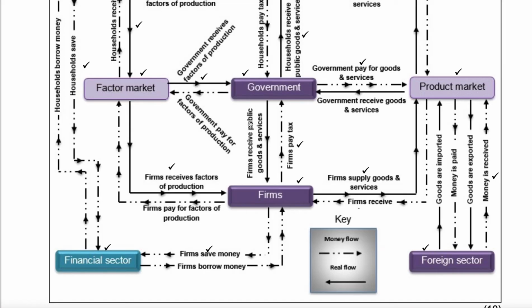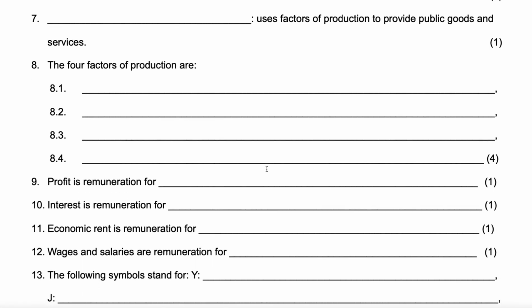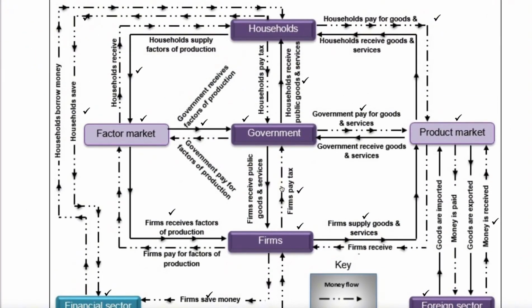Do you see that government supplies something different? Public goods and services. So the question here is asking about firms or businesses. The next question, who uses factors of production to provide public goods and services? Again, we have answered this one. Households receive public goods and services. They are coming from which participant? They are coming from the government, as you can see.